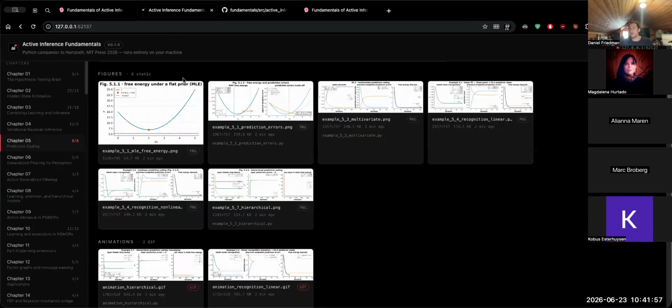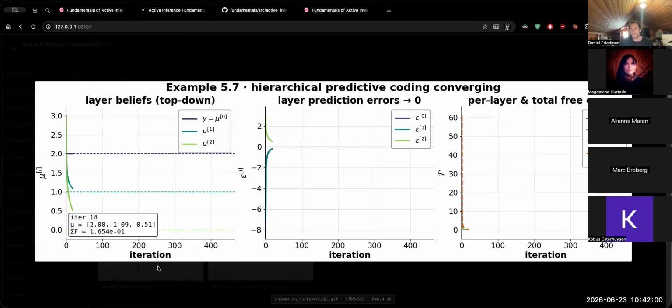And so we can look at that in the graphics in the code base. So we can see, okay, here in this version, I did assume slash hypothesize slash infer that mu0 is y, just to be clear. So here the observation is clamped to 2. And then the beliefs are updating at these other layers to minimize the per layer and the total free energy, given that clamped observation.